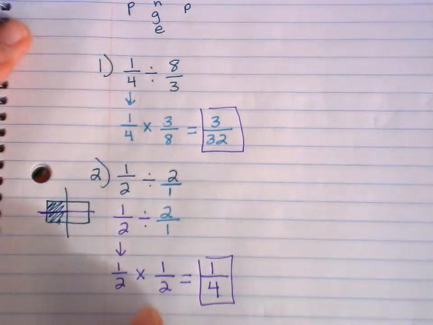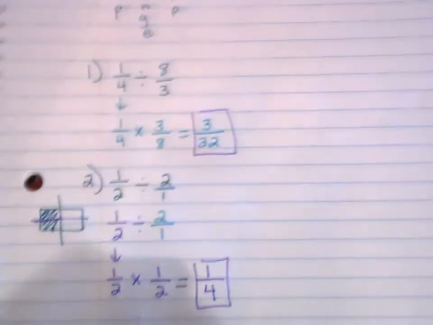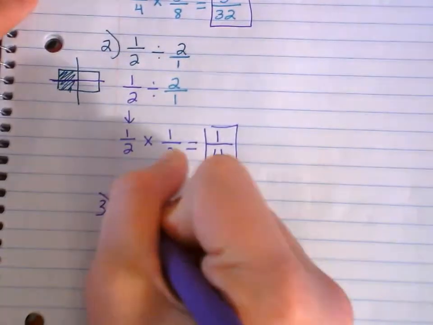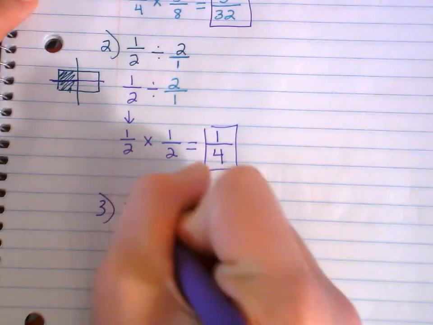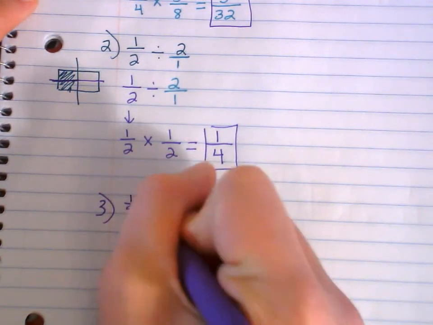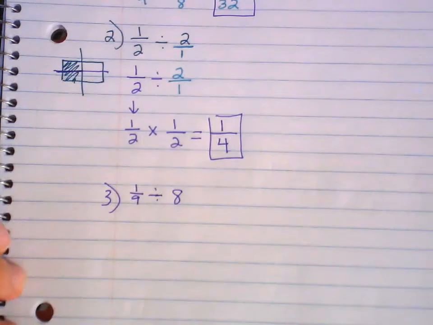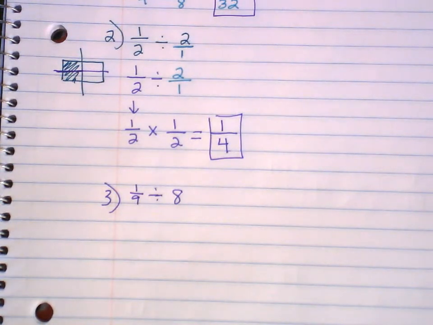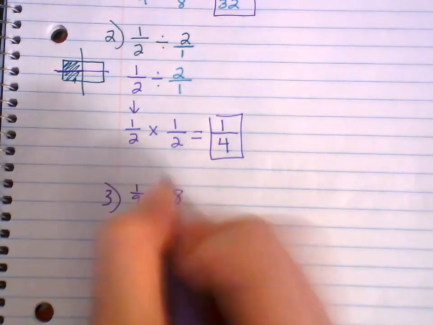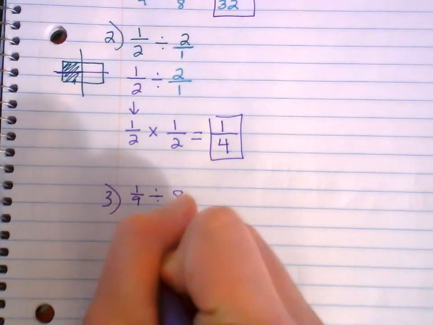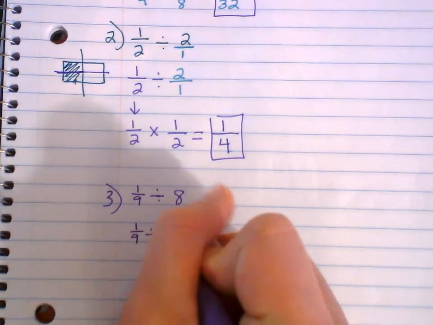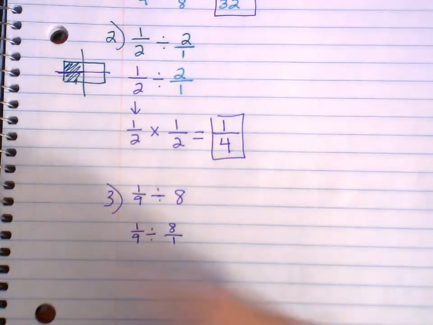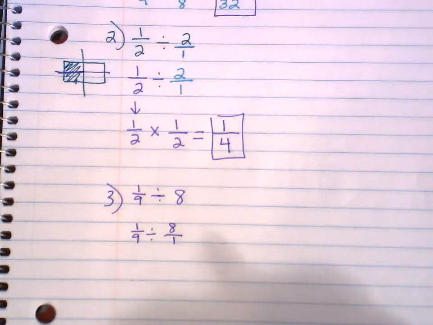All right, so try this one on your own. 1/9 divided by 8. Try it on your own and then resume the video. Okay, well, I know that 8 is really the same as 8/1. And I just feel more comfortable if they're both fractions.